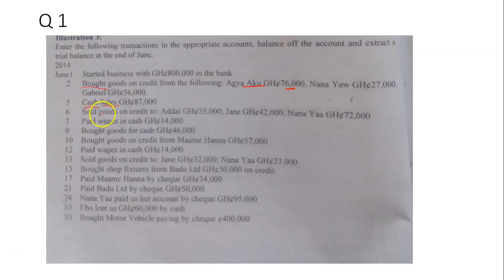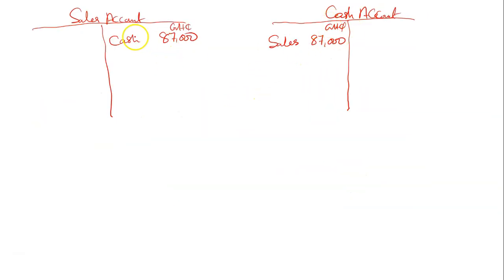On the 6th, it says sold goods on credit to Adai, 35,000, Jane, 42,000, and Anaya, 72,000. So for sold goods on credit to Adai, we are going to have Adai's account and sales account. The sales account has been created already, so you don't need to duplicate that.